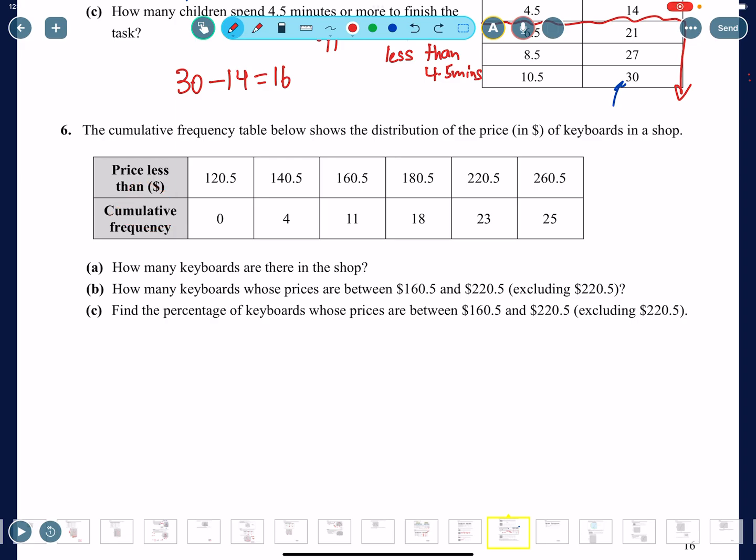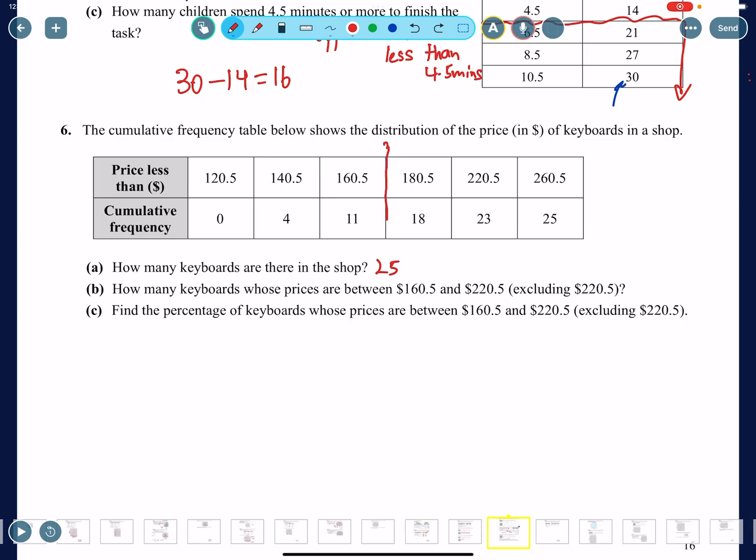How many keyboards are there in the shop? The total is 25. So we put 25 here. How many keyboards whose prices are between 160.5 and 220.5? Now this one is very tricky. This one is less than 160.5, so it's not including 160.5, it's less than.